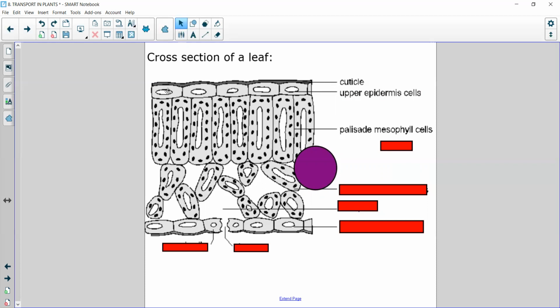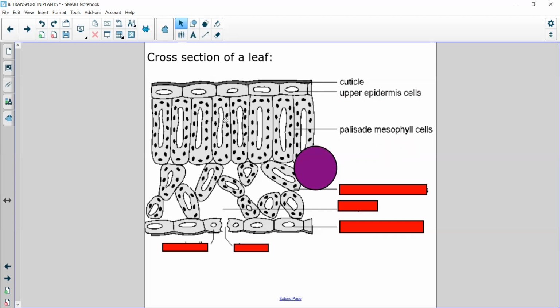So you'll notice that this top layer, these cells do not have chloroplasts, and neither do these ones down at the bottom. But we've got two layers of cells that do, and this is where the majority of the photosynthesis in a plant occurs. So it's the mesophyll cells, the palisade mesophyll cells. One way to try and remember that is P for palisade, P for photosynthesis. This is where the majority of photosynthesis takes place.